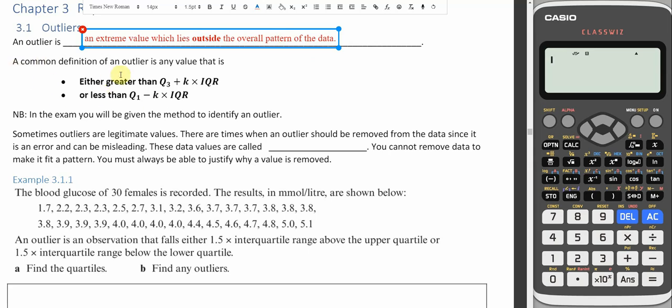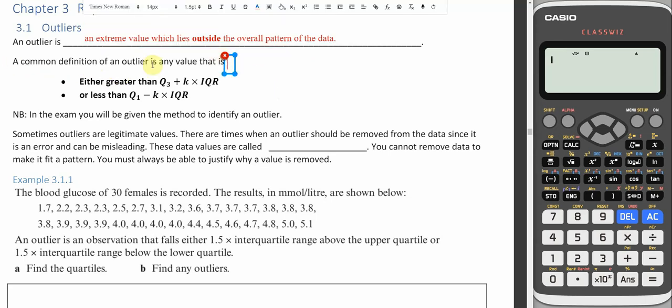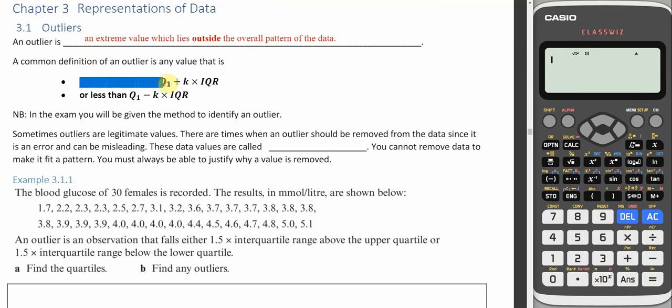Now there are ways of calculating which values qualify as outliers, and a common definition of an outlier is any value that is either greater than the upper quartile plus some number times the interquartile range, or less than the lower quartile take away some number times the interquartile range.